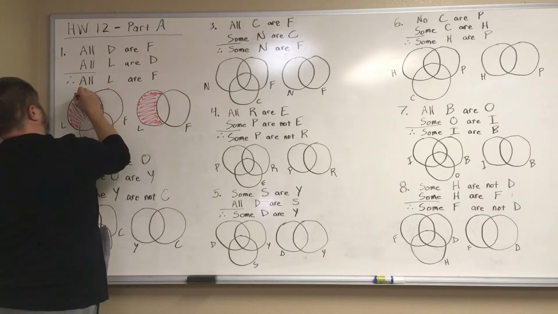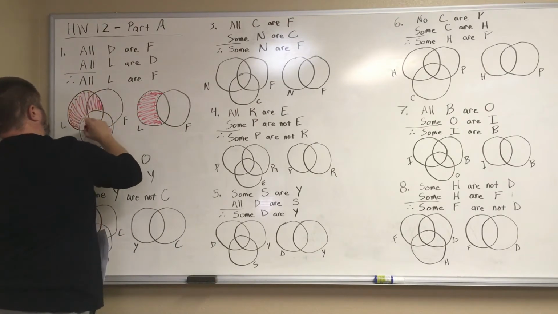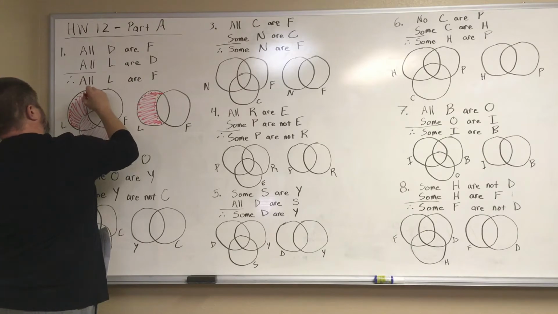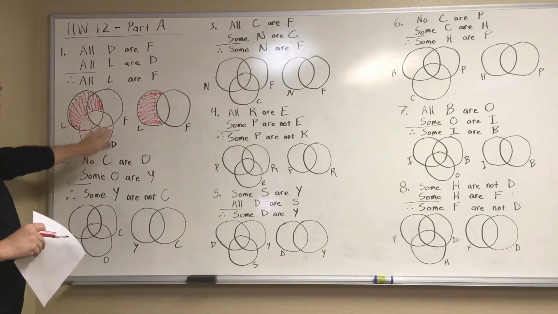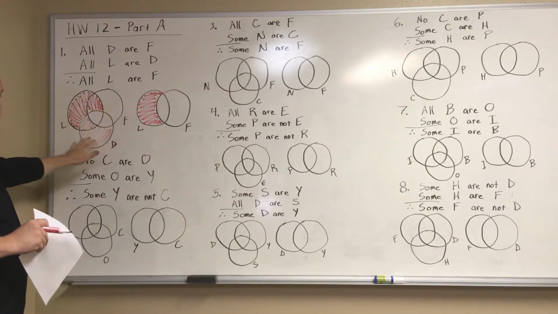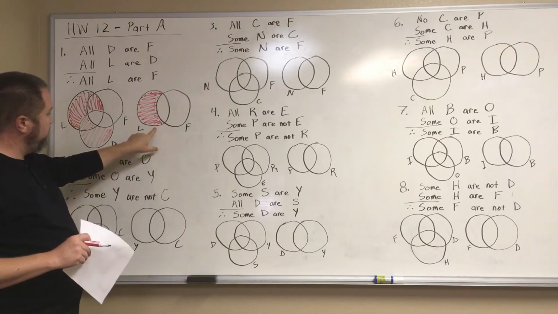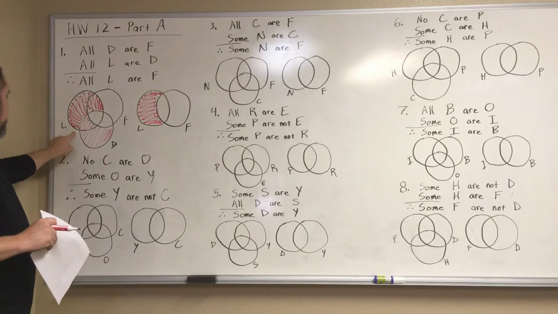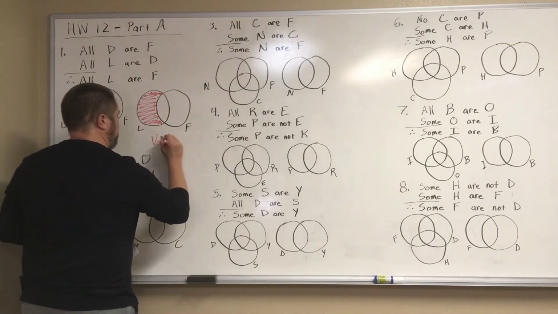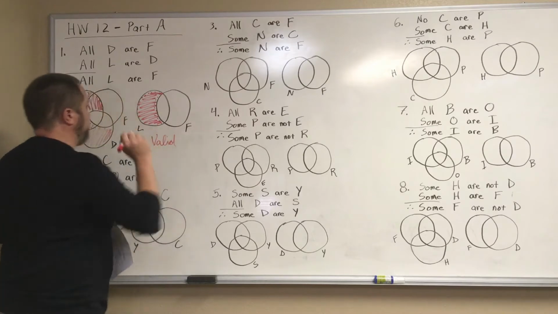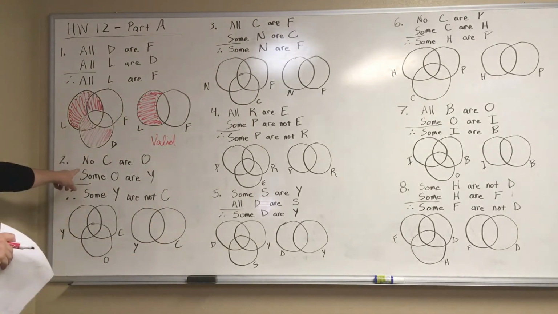And if we look at the three-circle Venn diagram, that indeed is shaded in. It's okay if we have other things shaded in or X's in other places, as long as the information that we're looking for here is given to us over here, it is valid.